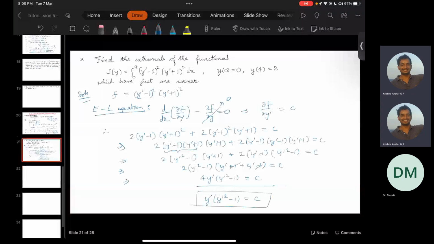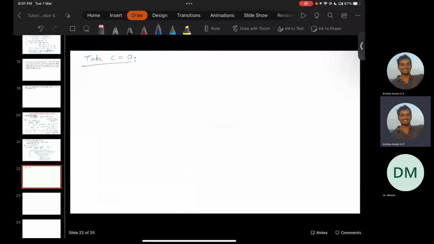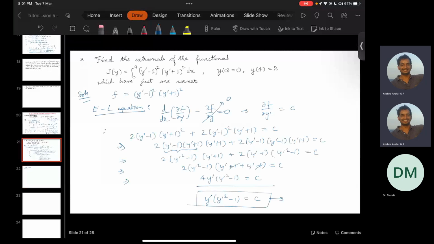Okay. So what we do is, here c is a constant, right? So it can be either 0 or non-zero. Let's start with the simplest case. Take c is equal to 0. And this is the only condition we'll need to use. Because the moment we take c to be non-zero, this leads us to solving y prime, so it becomes a cubic polynomial in y prime.